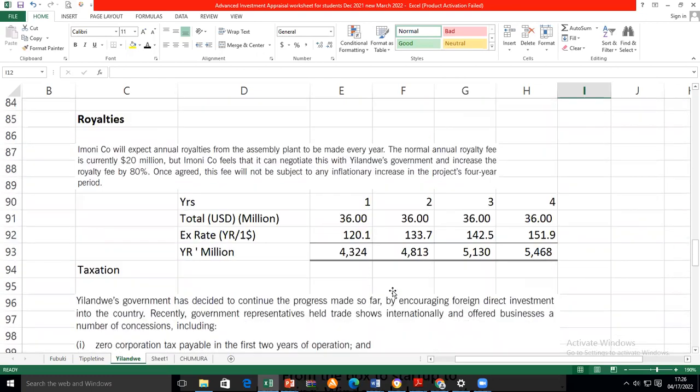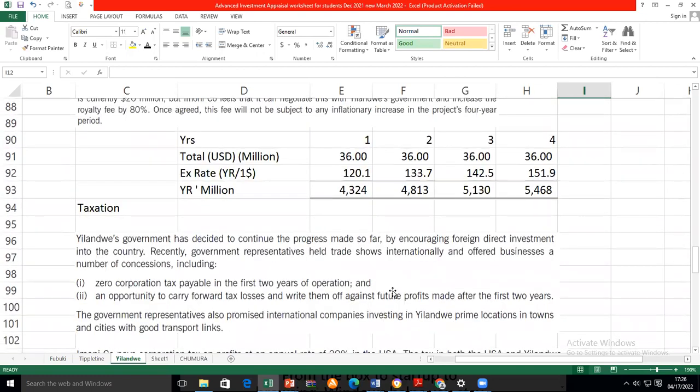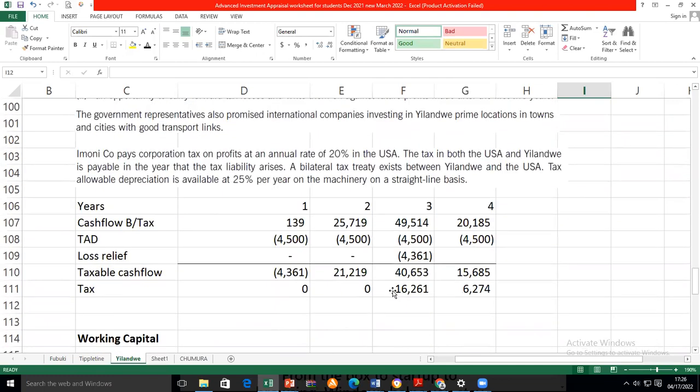Taxation. Here's a working for tax. I have simply cut and pasted the cash flow before tax. Then there's tax allowed depreciation. Then there's loss relief.